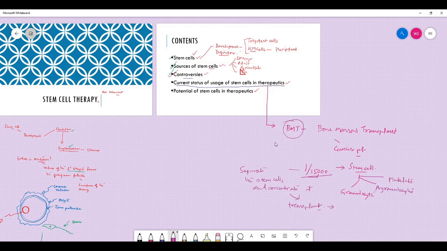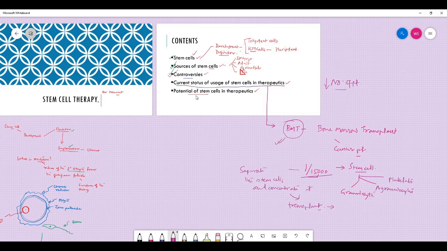So lots of bone marrow transplants have been done. They have been found to be very successful and effective. There are other uses of stem cells in therapeutics, but the number of patients is less, and therefore I have not included it as part of my presentation, but you can always look it up.